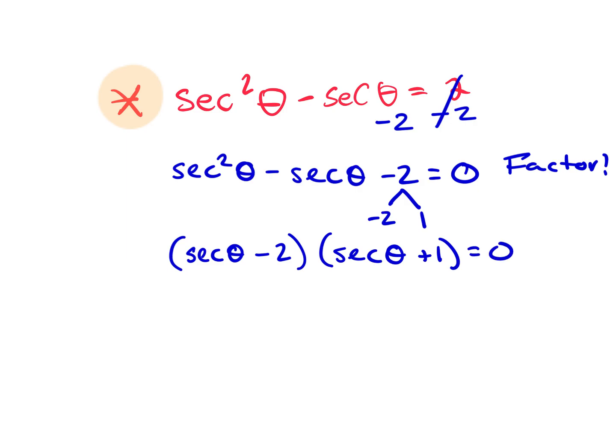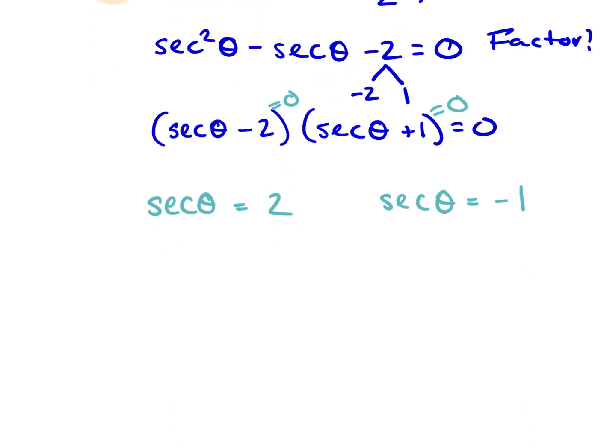Now we didn't start by multiplying, so we don't have to divide. We can just set each piece equal to 0. So when we set them equal to 0, we get secant equals what? 2 and secant equals negative 1. Awesome.